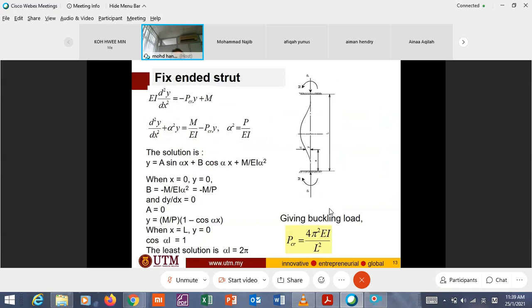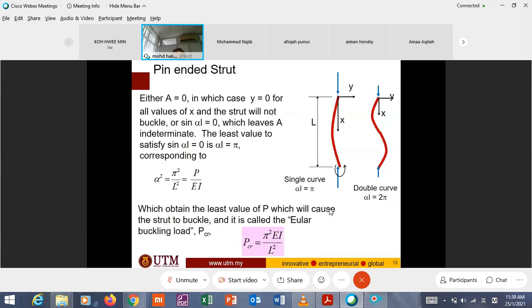Before that, what is the difference between pin and fixed? In a pin connection, the member can deflect to form an angle here, because it is pin. It cannot move, but it can deflect and make an angle here.